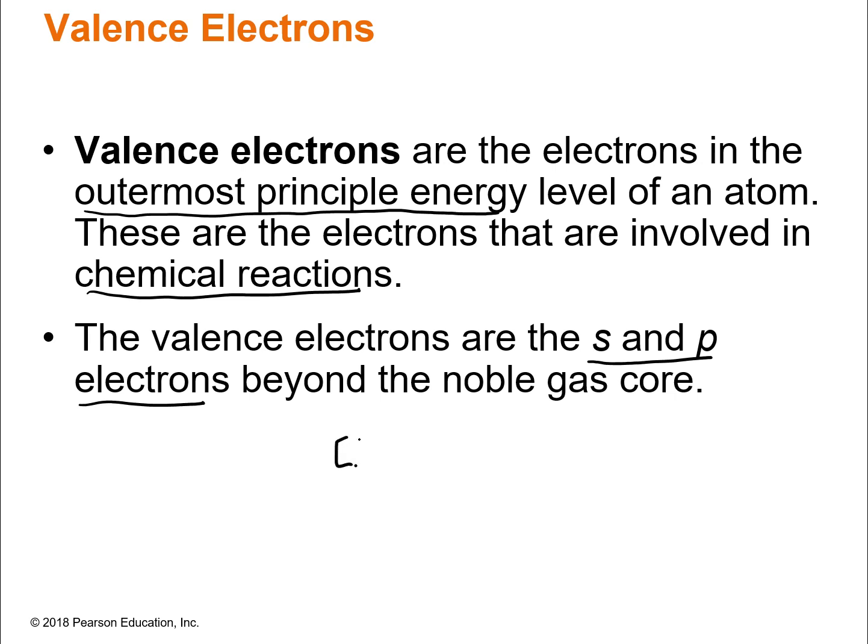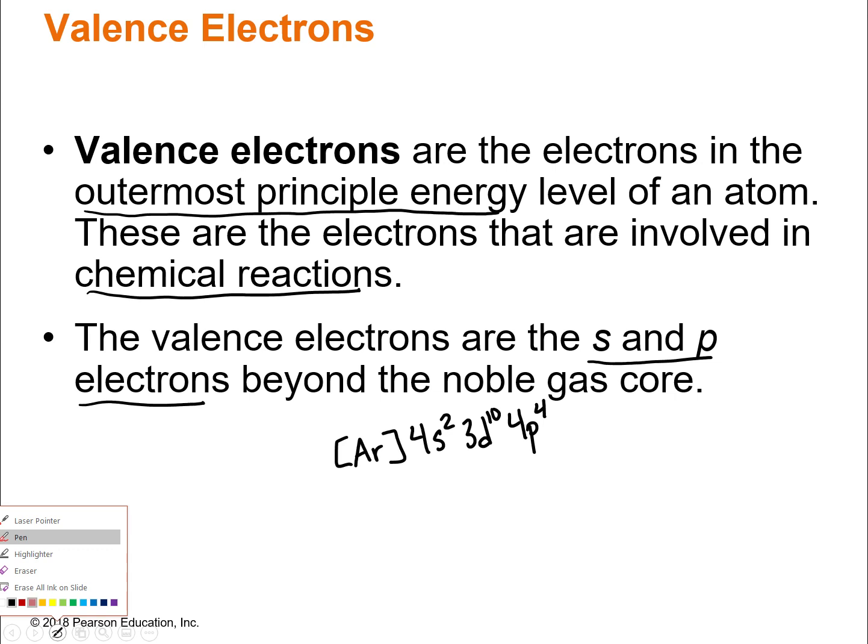So for this last one, for selenium, we had argon for the noble gas core, and then we had 4s2, 3d10, 4p4. The valence electrons here are the s and p electrons in the 4th energy level, because the 4th energy level is the outermost principal energy level. 4 is bigger than 3.